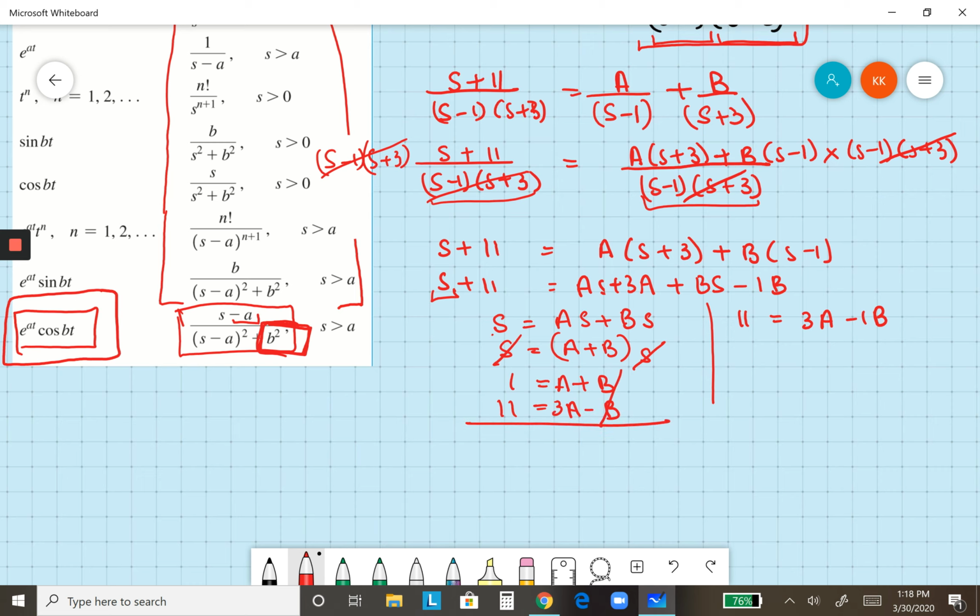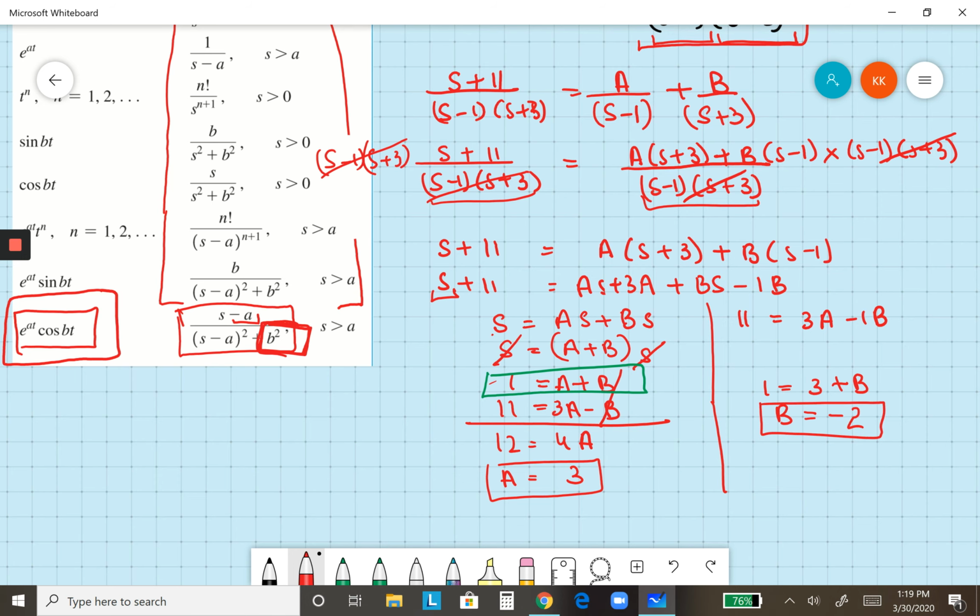So the B's cancel out and we have 12 equal to 4A. So A is equal to 3 and we can input the value of A into our first equation, which was 1 equal to A plus B, and we get 1 equal to 3 plus B, and our final B is -2.